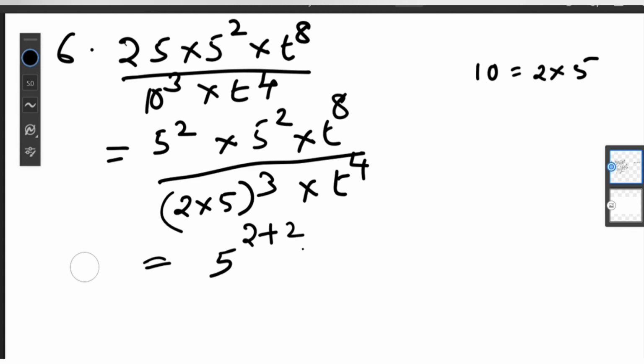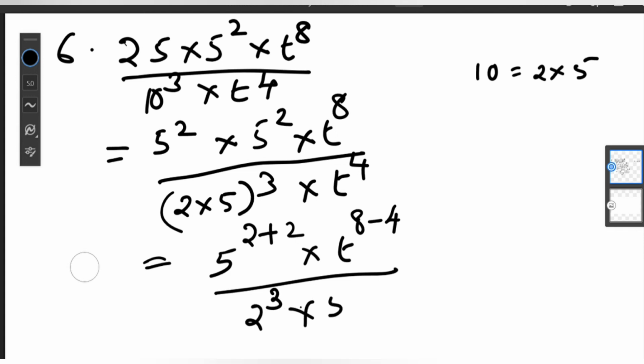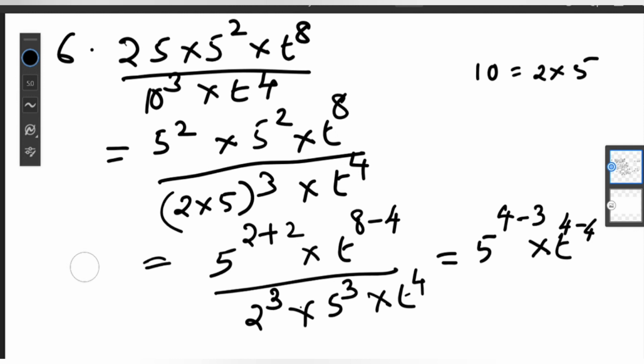Okay. So 5 square into 5 square, how much is it? We can write it in one line: 5 to the power 2 plus 2 into t to the power 8 minus 4, by 2 to the power cube into 5 cube into t to the power 4.